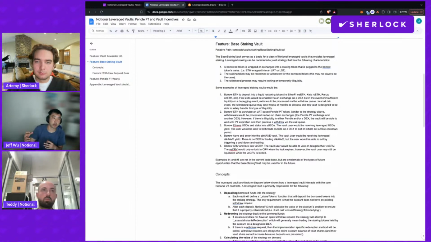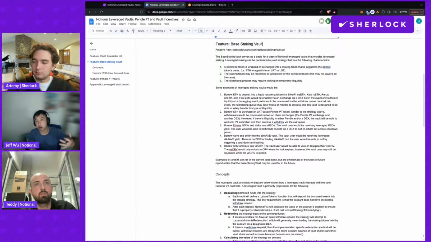The base staking vault is the basis for another type of strategy where we're going to be borrowing one token and exchanging it into a staking token somehow. That staking token is, again, pegged to the value of the borrow token in some way, but it's fully exposed to the staking strategy, right?